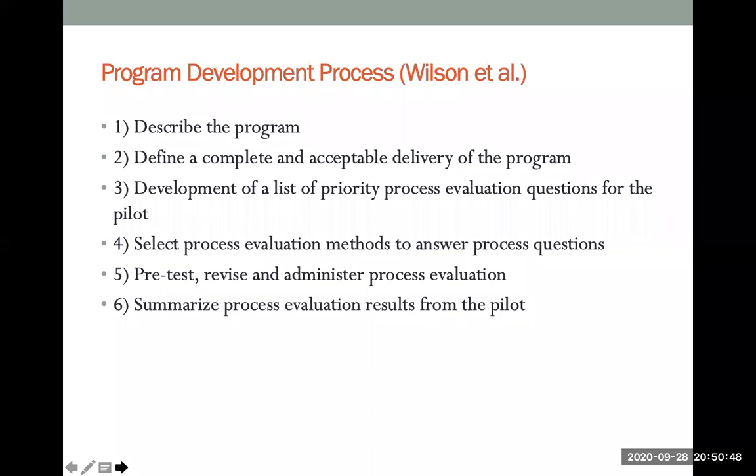So through this process of describing the program, which was their first phase, the initial description was based largely on the description of the program that they had laid out. So they were very detailed around what the program was aiming to do and how it was actually going to do it.